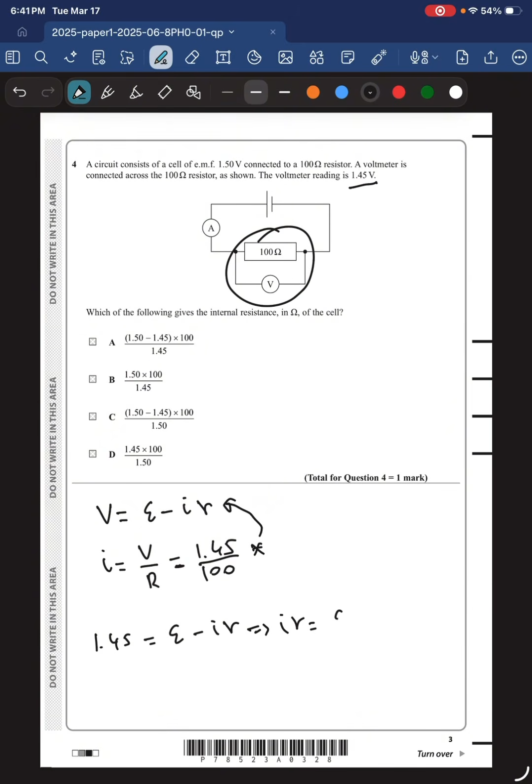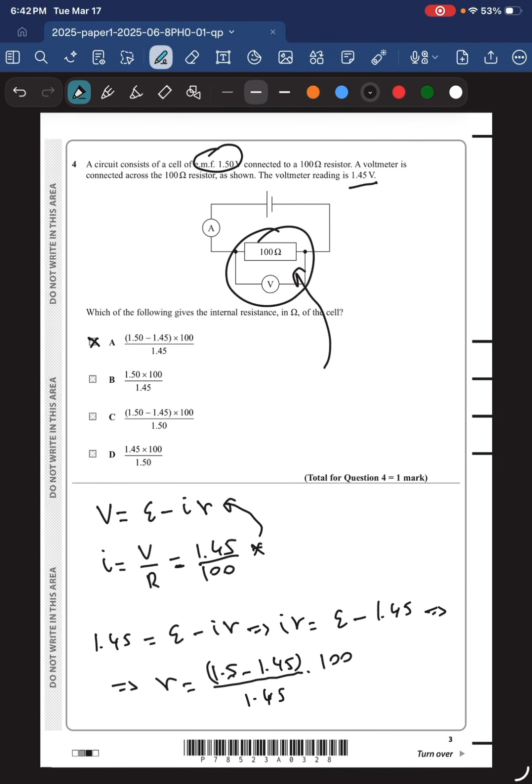So Ir is E minus 1.45, and then what is E? What is EMF? It's given as 1.5 volts, right? So r is 1.5 minus 1.45 over I, but I was calculated to be 1.45 over 100. So the correct answer is, where is it? A. Okay, I hope this makes sense.